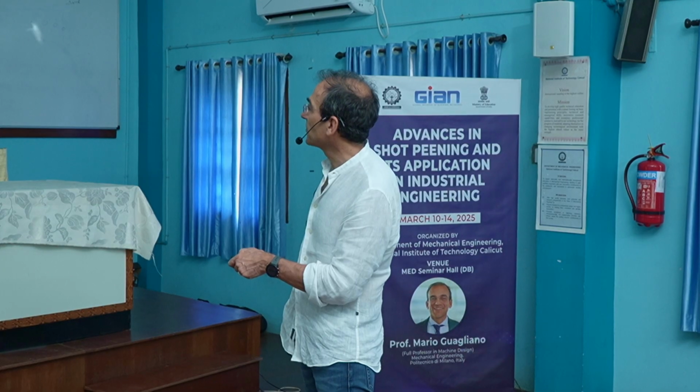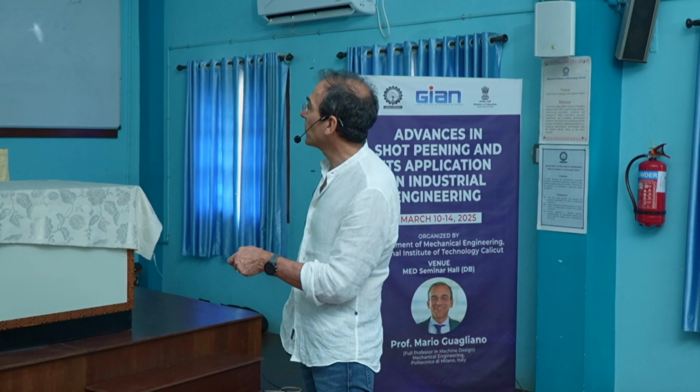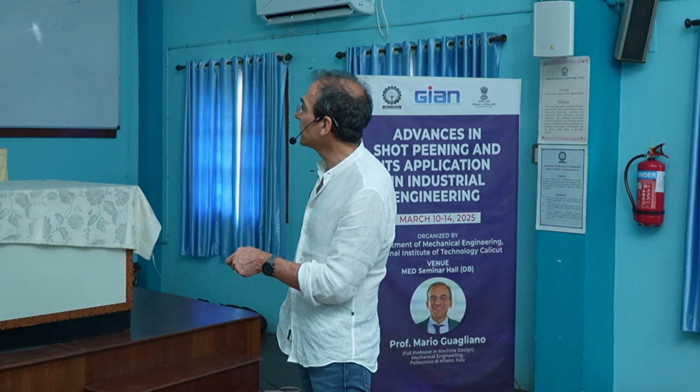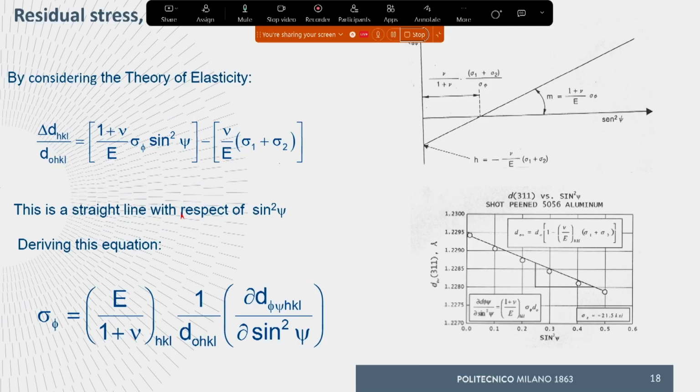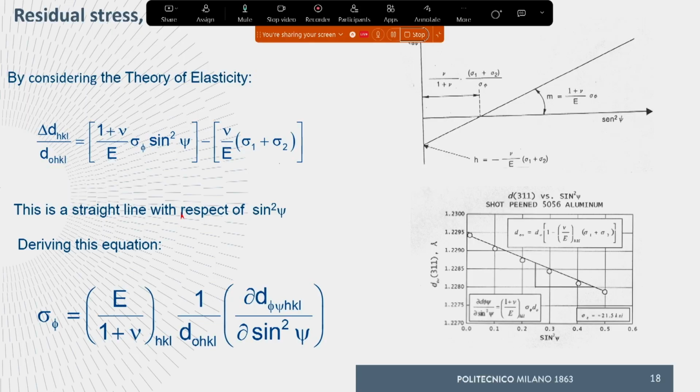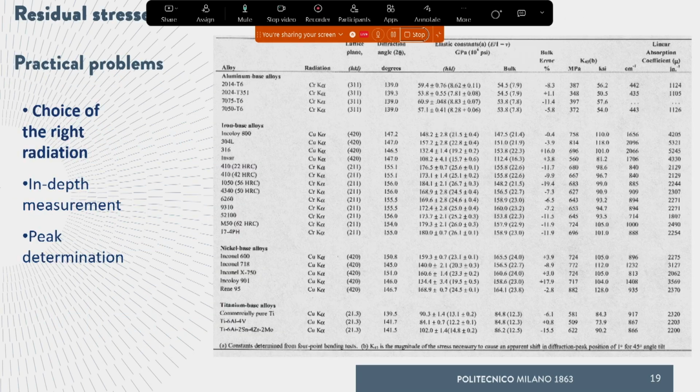You see here the slope m is equal to 1 plus nu over E that multiplies sigma. So once we know the slope of this straight line, we know sigma, and if the slope is positive, we will have a positive residual stress. If it's negative, we will have a negative residual stress. The slope is also already defining the sign of the residual stress.